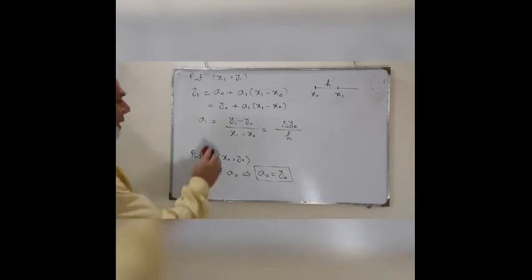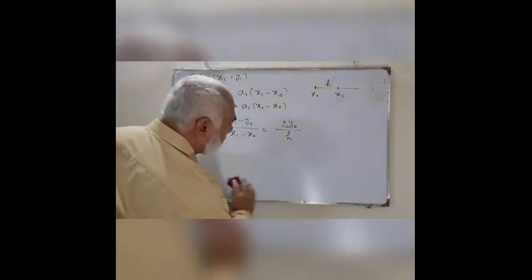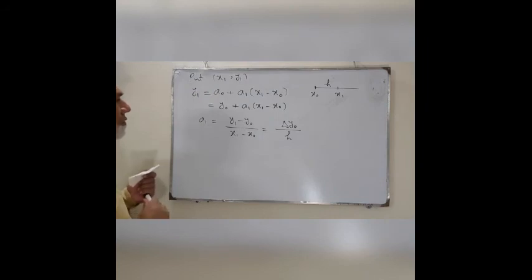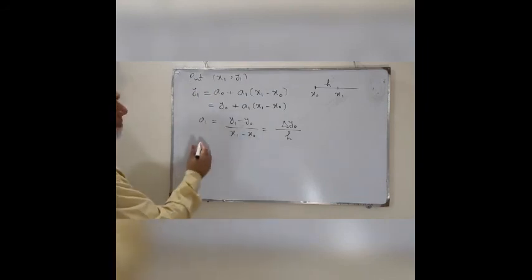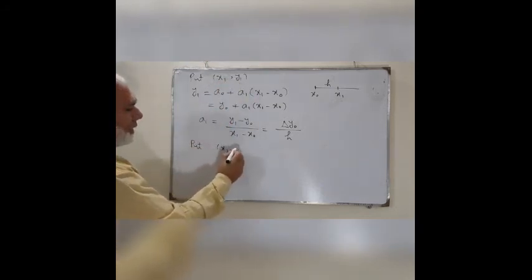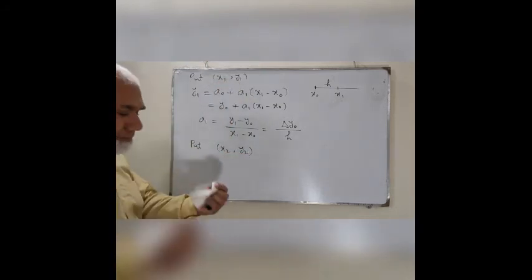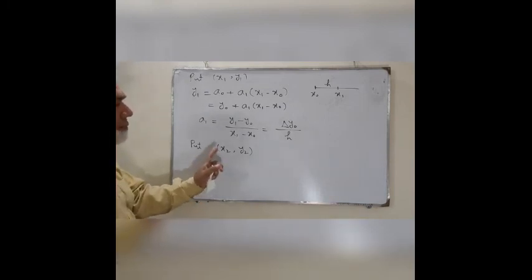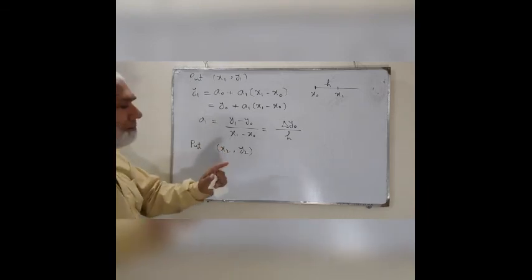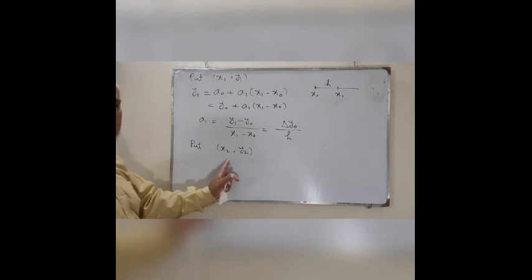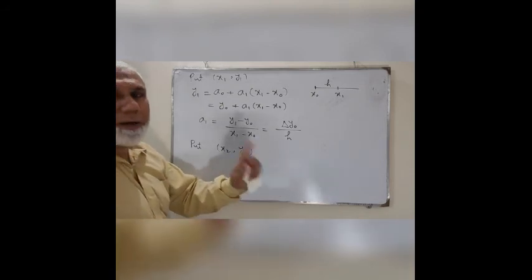Okay, now to find out the third unknown, which is of course a2, we'll be using the third point, which is after this one, x2 and y2. And I hope you have the polynomial in your pocket. You can use this point by putting it into your polynomial, and on substituting it you will see that except the first three terms on the right side, all the remaining will become 0.